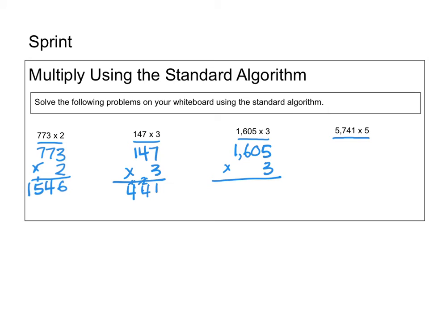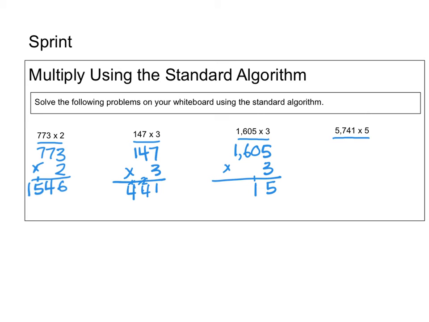All right, as usual, we're going to start first of all with our ones. Well, I have 5 times 3, 5 ones times 3. That gives me 15 ones. I've got one ten of those. The 10 can go over to the tens place. Now, I don't have any tens to multiply, so 0 times 3 is 0, but I do have the 10 that I brought from the other spot, so I need to add that in.